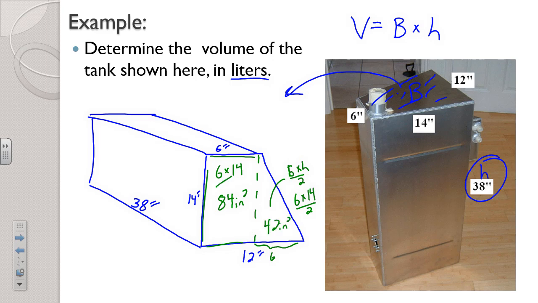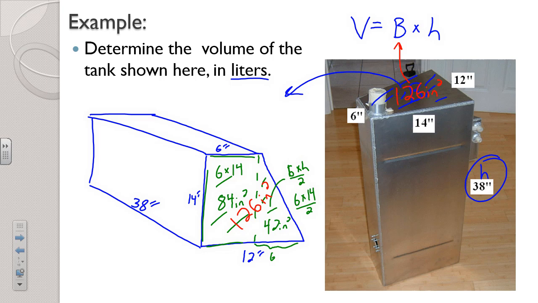If we add those together, 84 plus 42, the area of this end must be 126 square inches. So we can go up here and say that the area of the end of that tank is 126 square inches.